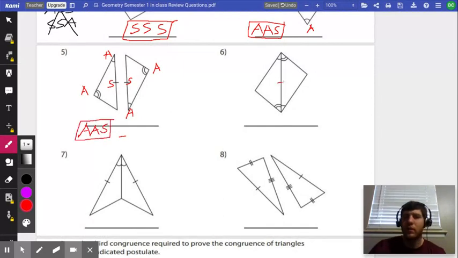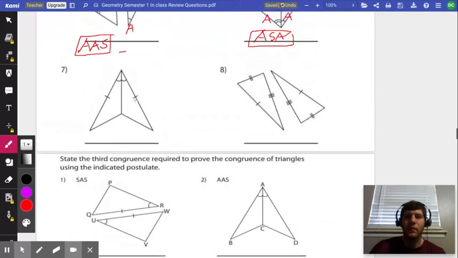Over here you have the reflexive property. So you have angle, side, angle. This is a pair of angles. Then you have a pair of sides here. And then you have another pair of angles. So angle, side, angle.